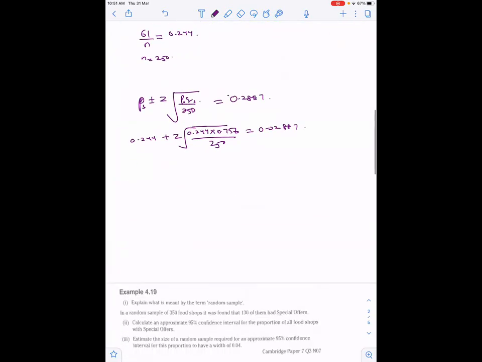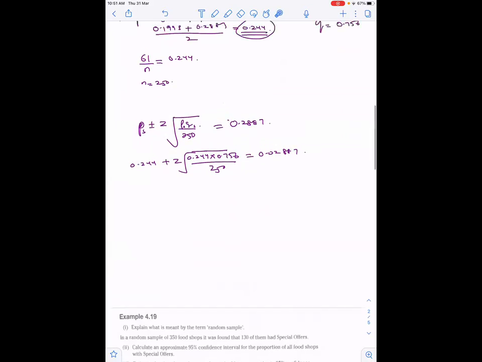Okay, let's solve for z now. I'm going to shift this onto this side with a minus sign first. So 0.2887 minus 0.244 is 0.0447.